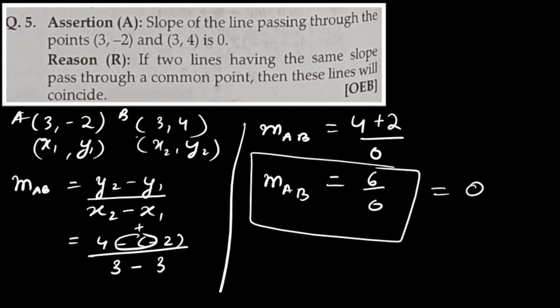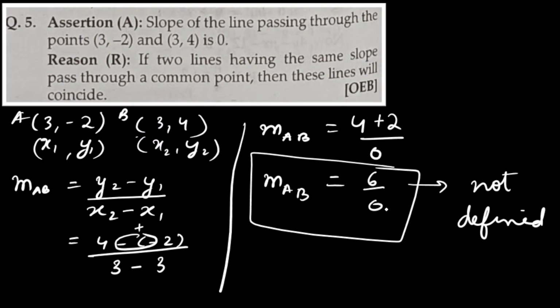See, particularly, I have told you so many times, 0 by 6 will be equals to 0, but if 0 comes in the denominator, that particular number is not defined.